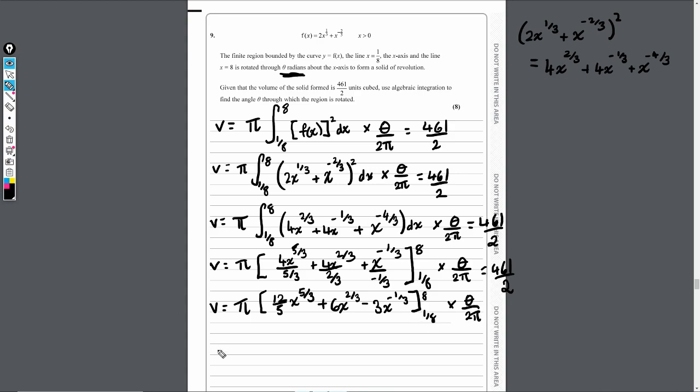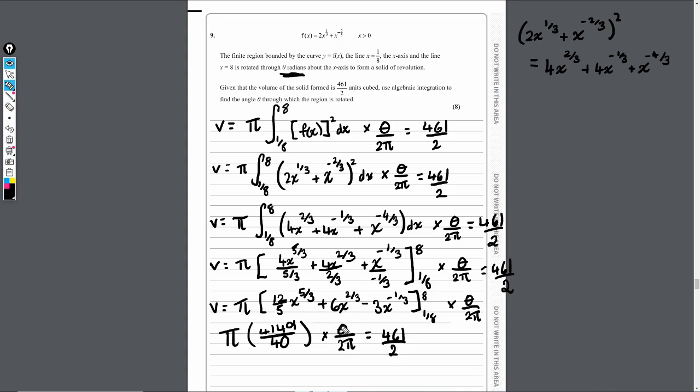Okay, so if I do that now, what I'm going to get here is inside here, when I sub in both of these limits and perform the calculations, this is theta times 4,149 over 40. So I've already pre-done the calculations. And then we've got to times this by theta over 2 pi. And we know this is going to be equal to 461 over 2.